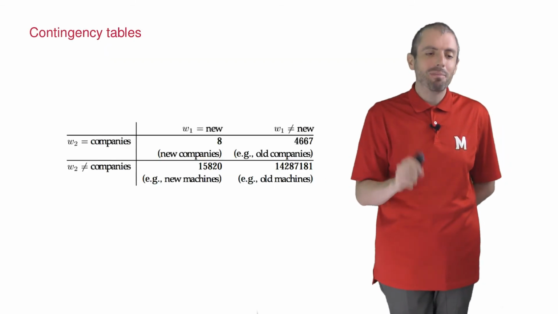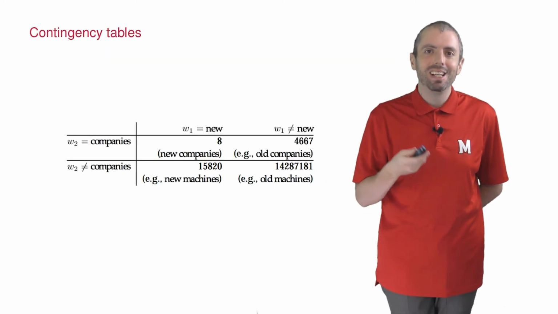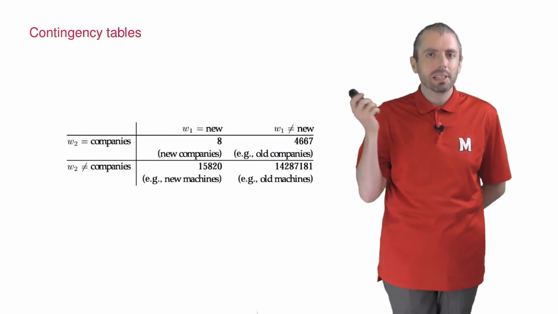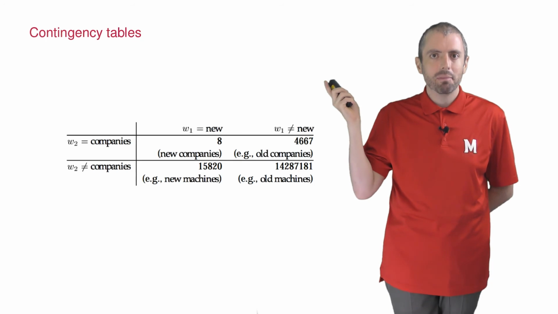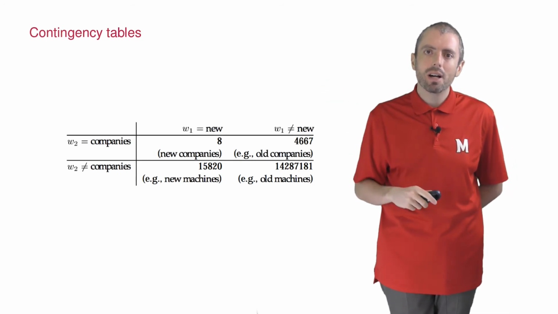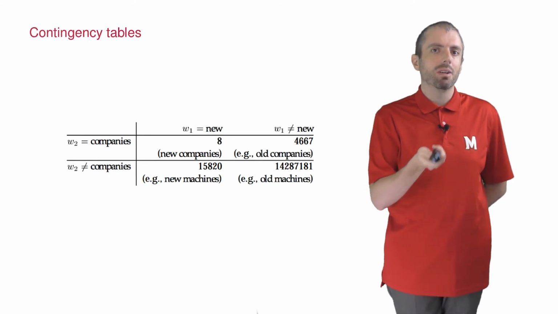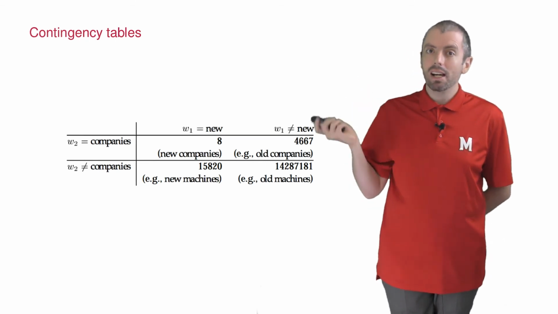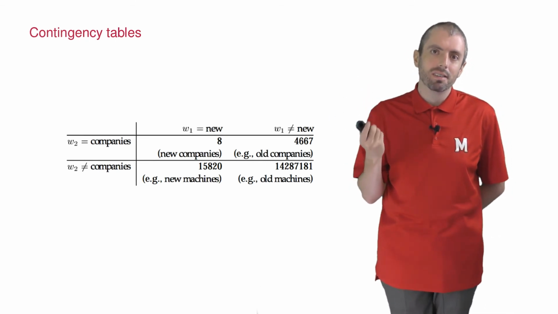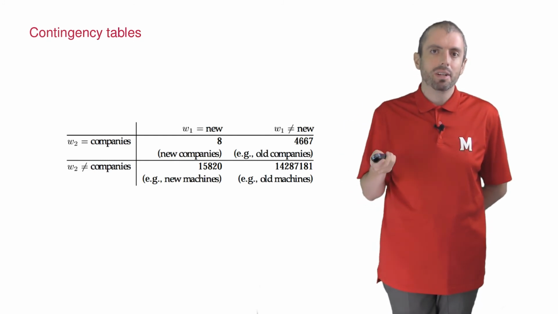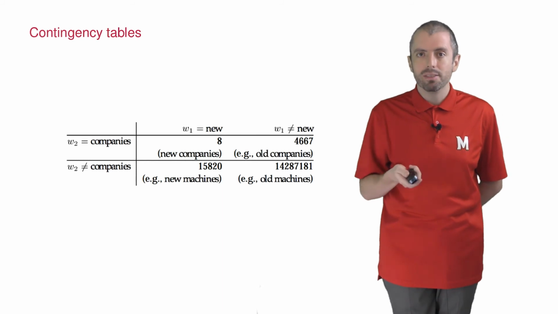Okay, now back to our contingency table, not of probabilities, but of these counts. In the top left corner, we have the number of times we saw the phrase new companies. Top right is all pairs of words that end with companies but don't start with new. Bottom left is all the pairs of words that start with new, and bottom right is all the pairs of words that don't start with new and don't end with companies.